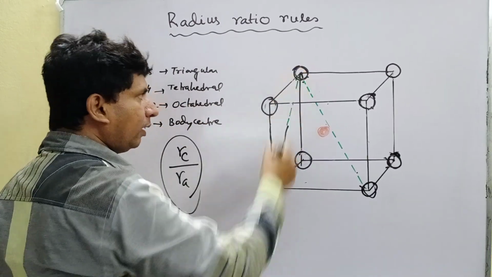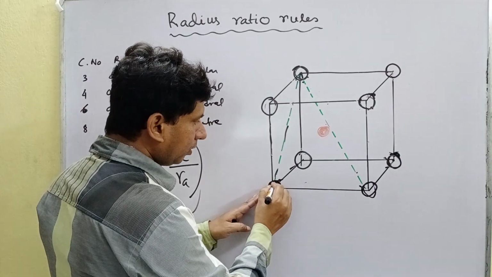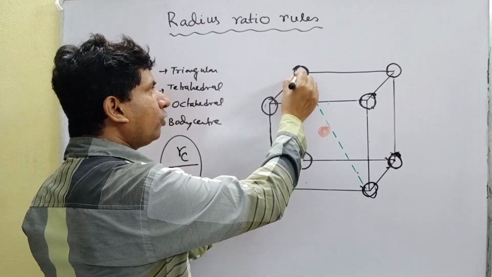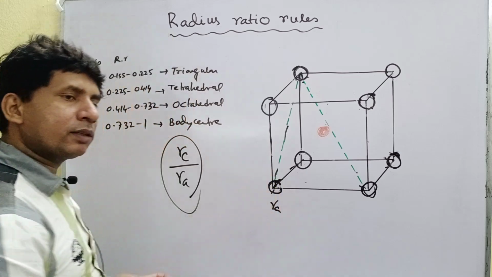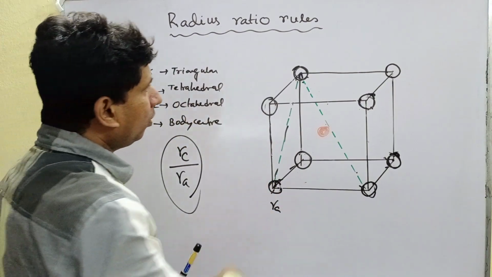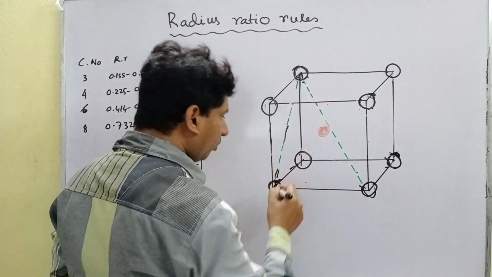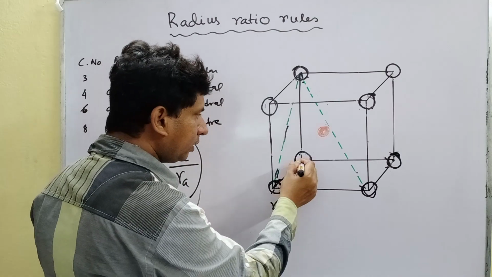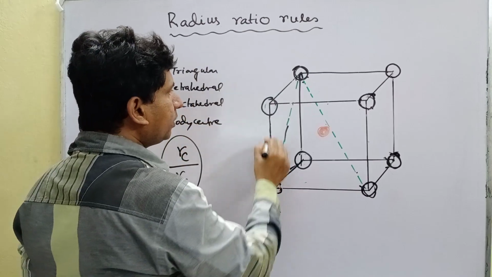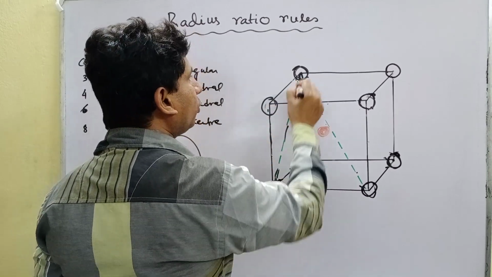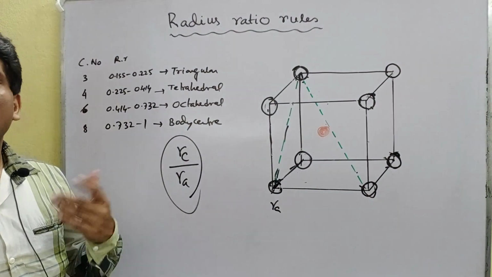The radius of anion is RA. This face diagonal must be equal to root 2a, because this is a, this is also a, hence it will be root 2a. Clear?